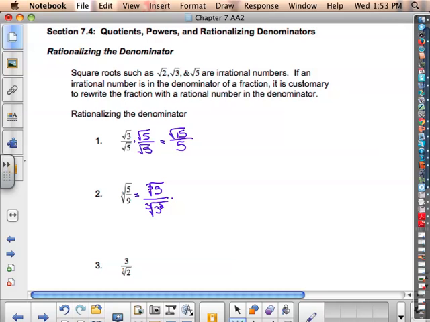Now remember, when you rationalize the denominator, you want to get the power on the radicand to match the indices. So that means I only have to multiply this by the third root of 3. Third root of 3. So I will now have the third root of 15 over 3, because I'll have the third root of 3 to the third, which is just 3.